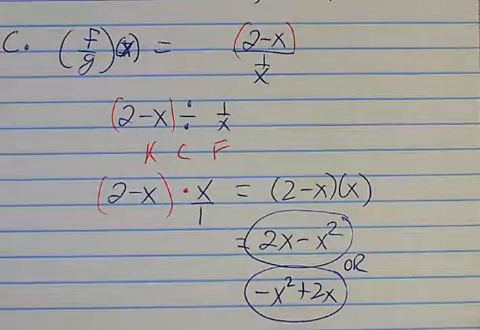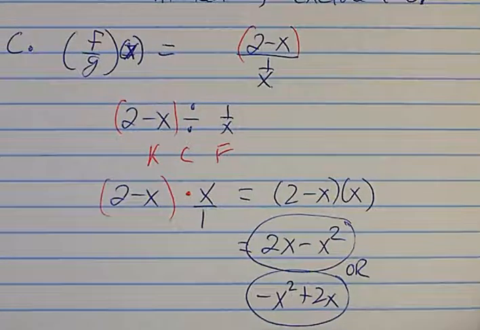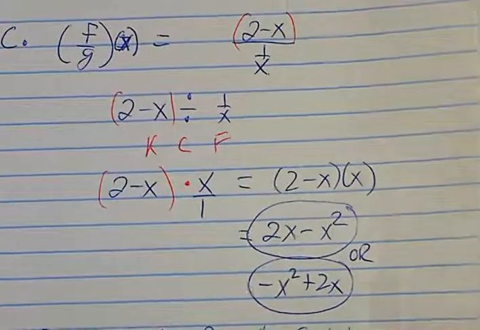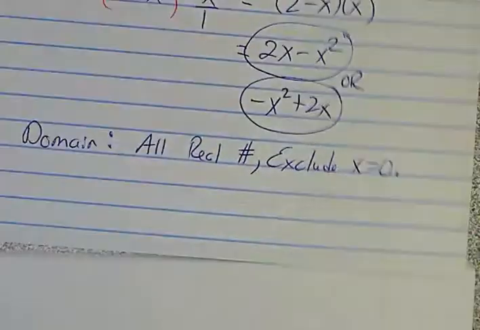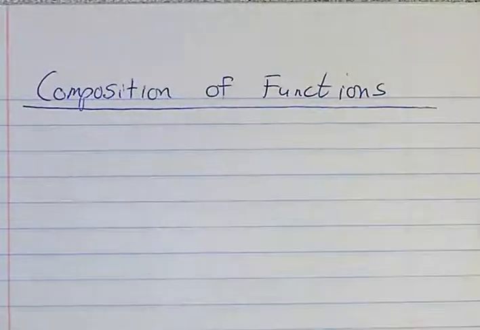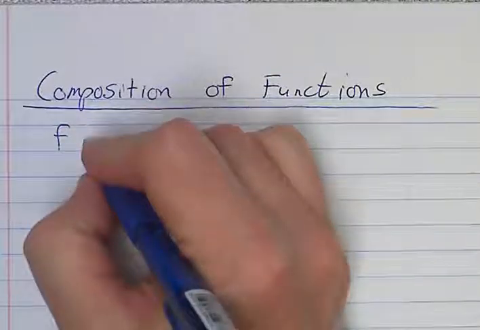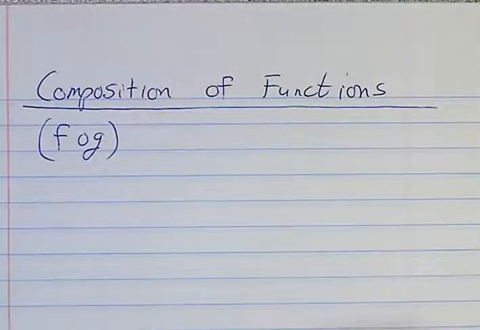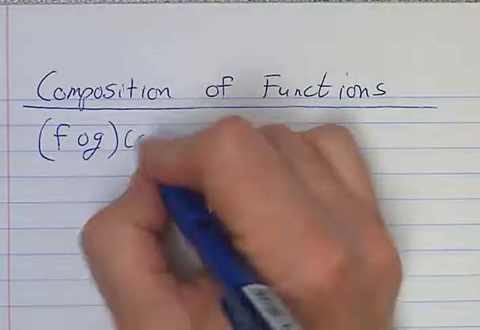And then the last thing we'll look at for today. Last thing we're looking at is composition of functions. And it looks like this. It says f of g of x.